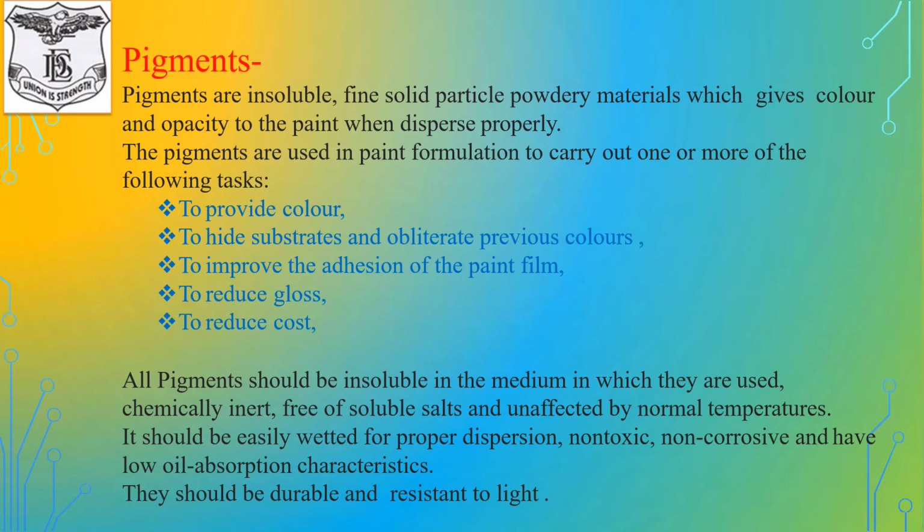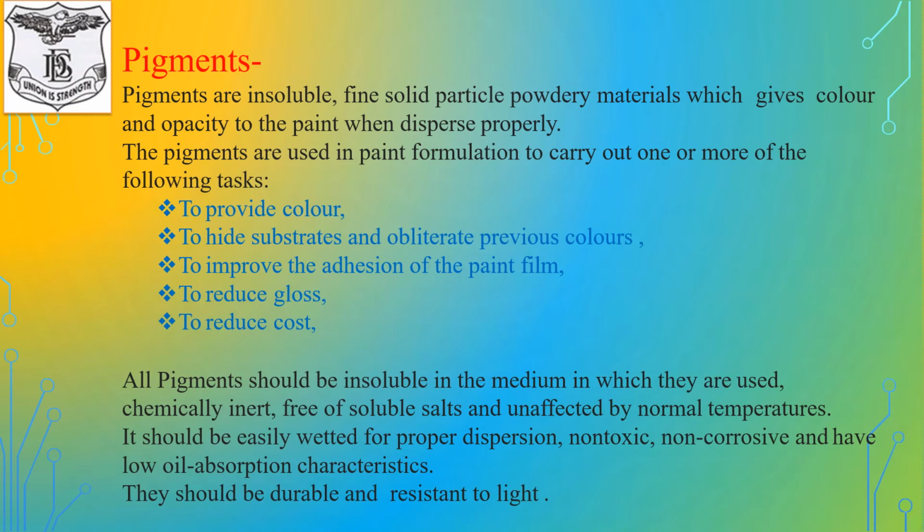All pigments should be insoluble in the medium in which they are used. The pigment must be chemically inert, free from soluble salt and unaffected by normal temperatures. It should be easily wetted for proper dispersion because dispersion plays a very important role. If the pigment is not dispersed properly, it shows some adverse effect during or after the paint application.